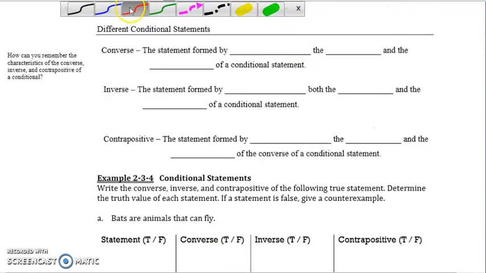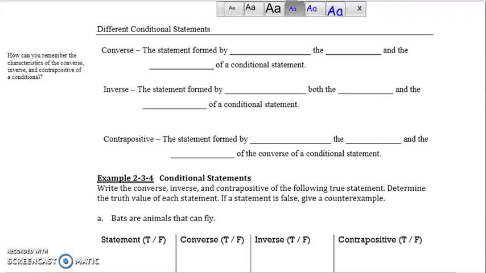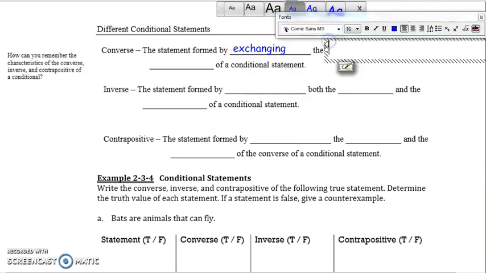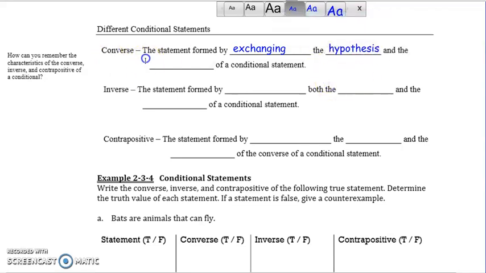All right, so now we're going to look at what converse, inverse, and contrapositive are. So kind of changing around these conditional statements just a little bit. The converse is when we exchange the hypothesis and the conclusion.